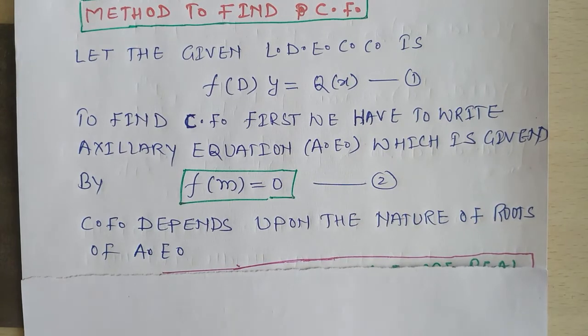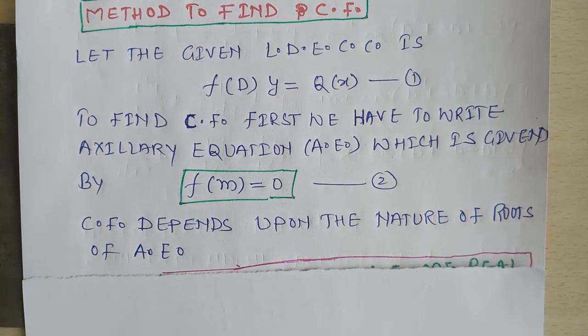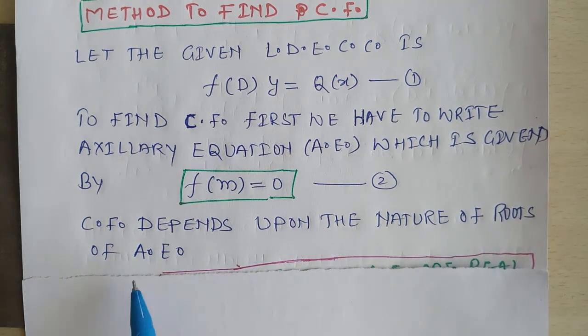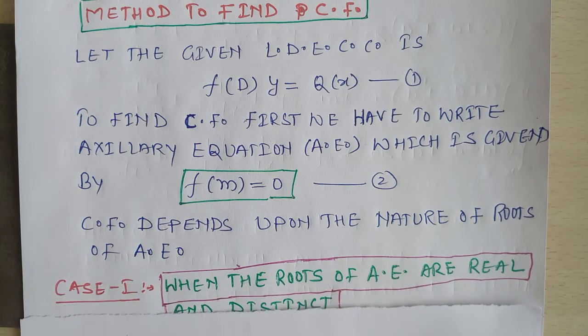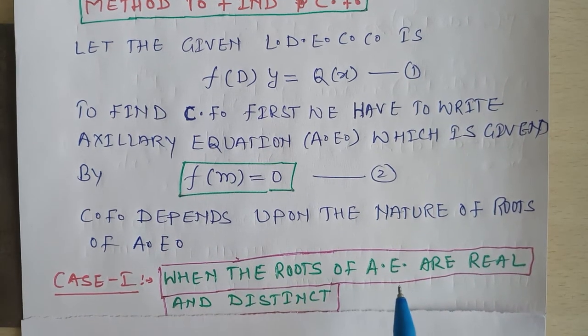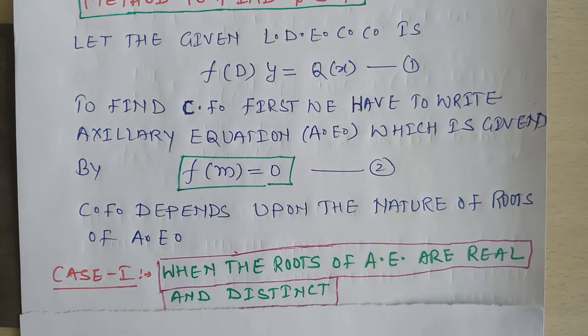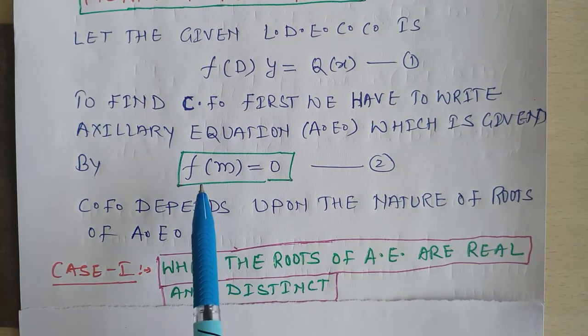Now we discuss 4 different cases for the complementary function based on the nature of the roots of the auxiliary equation. Case first, when the roots of the auxiliary equation are real and distinct. Suppose the roots are real, that is they do not contain iota, and all the roots are different, with no repeated root.